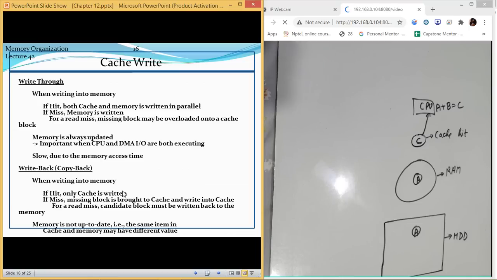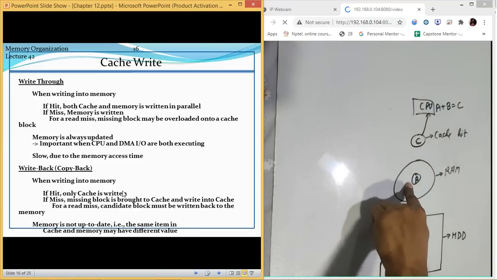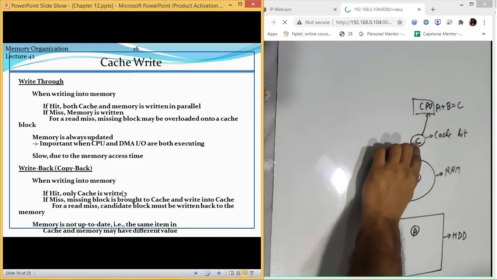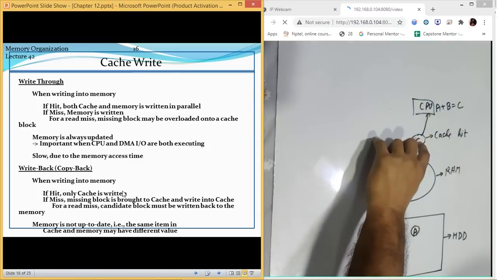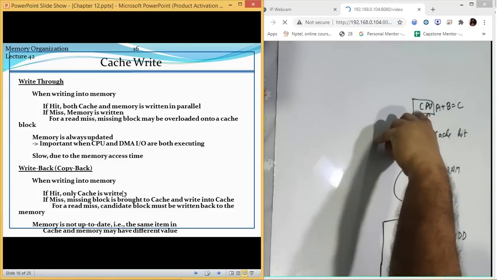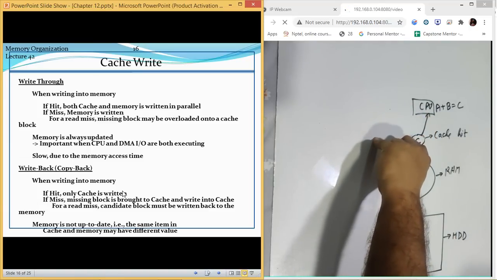Let us just read it. When writing into memory, memory is your RAM. They are referring to RAM. If hit, both cache and memory are written in parallel. Now what does it say? When cache is hit, like CPU was able to get the data from cache directly, then what happens?